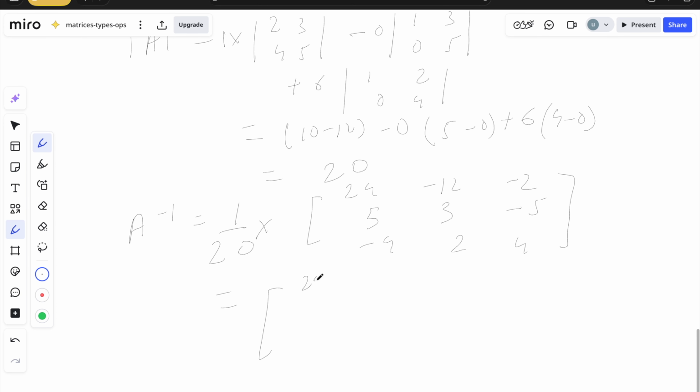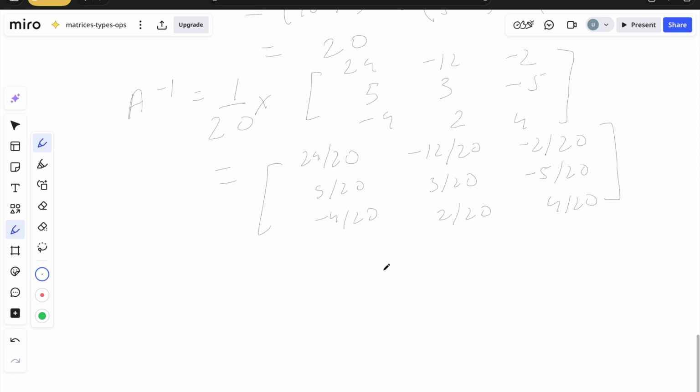That will be equal to 24 by 20, minus 12 by 20, minus 2 by 20, 5 by 20, 3 by 20, minus 5 by 20, minus 4 by 20, 2 by 20, and 4 by 20.